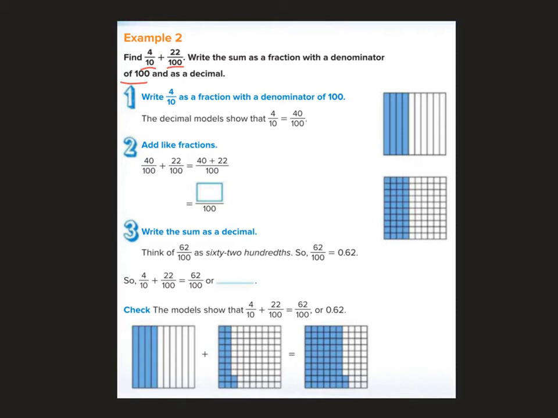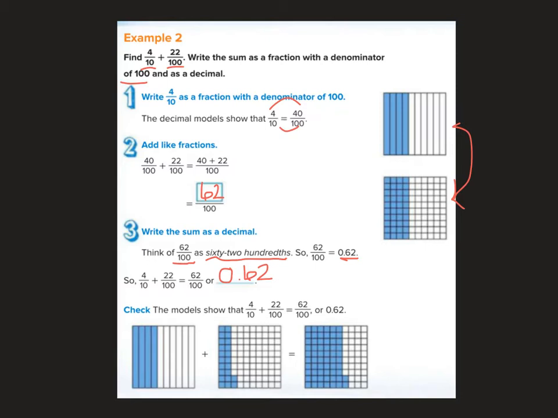So here we go. The decimal models show that 4/10 is equal to 40/100ths. Again, times 10, times 10. Okay, so I'm going to add 40 plus 22 to get 62/100ths. Okay, 62/100ths as a fraction, 62/100ths as words, and 62/100ths as a decimal is just 0 and 62/100ths.